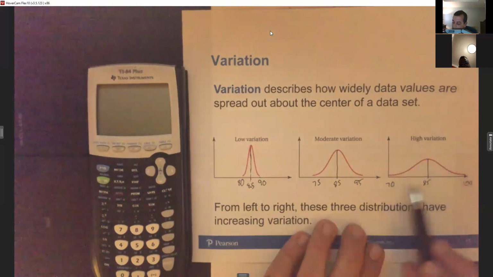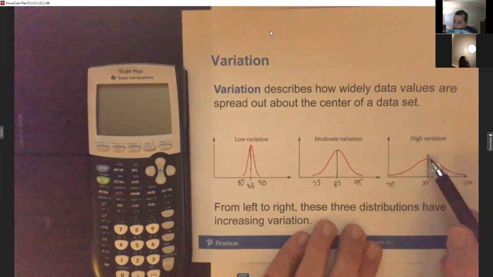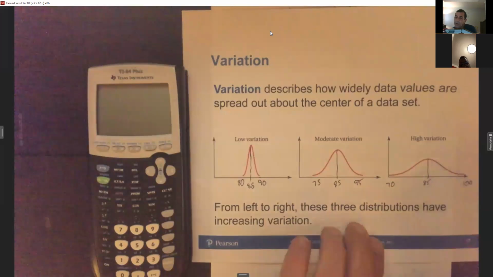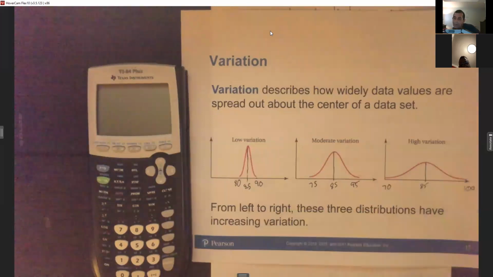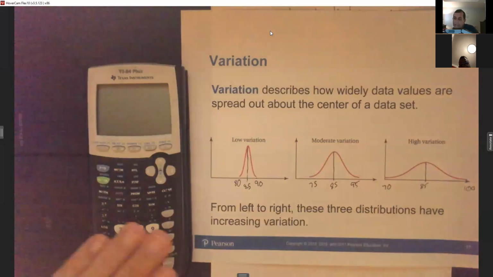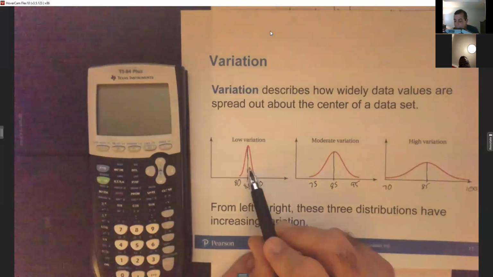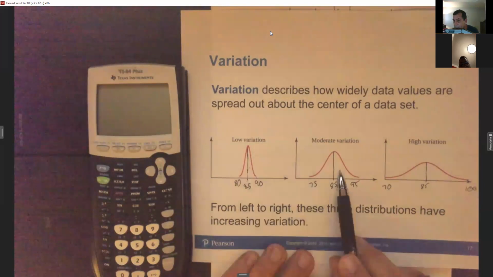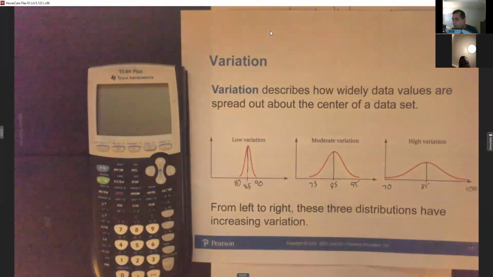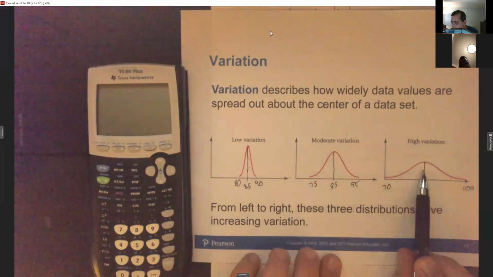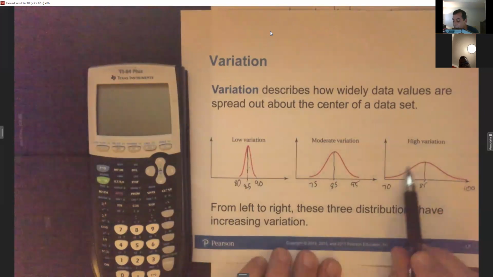But what's happening, I'm not getting as many tests in the center or the average range, so my peak is a little more flat. Okay, so low variation, tight peak, moderate variation, got a little spread to it, and then your high variation is going to be a flattened out peak. Okay.